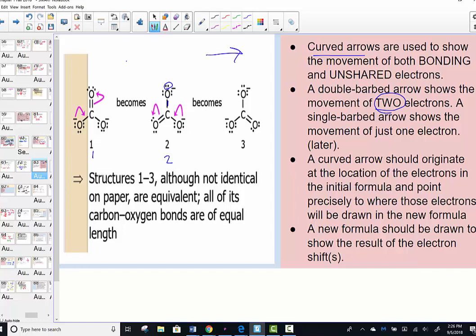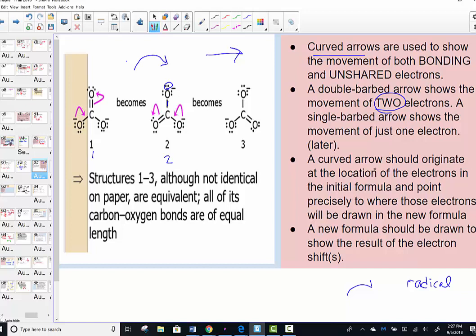And later on, in a next chapter coming up, not even real soon, we look at a single barbed arrow as the motion of just one electron when we're talking about a radical or charged ion. So in this chapter, we will always have a double-headed arrow.